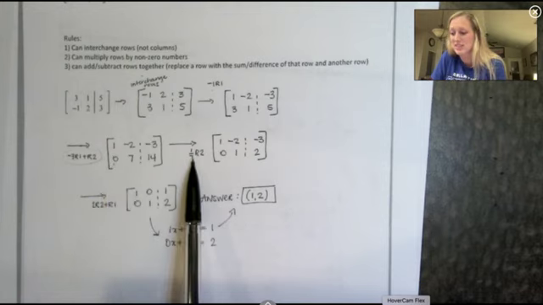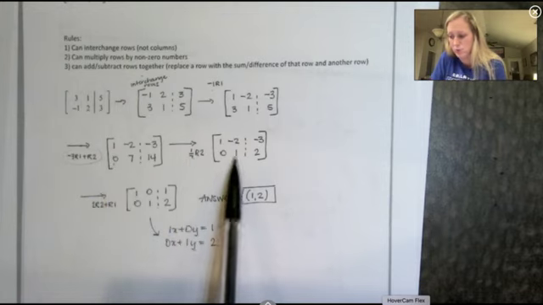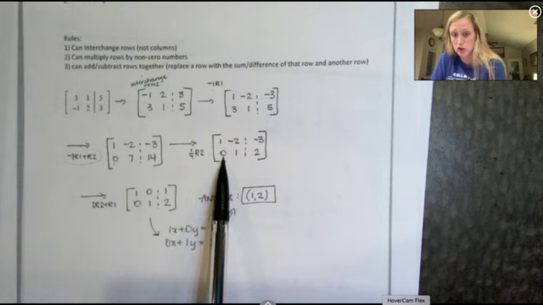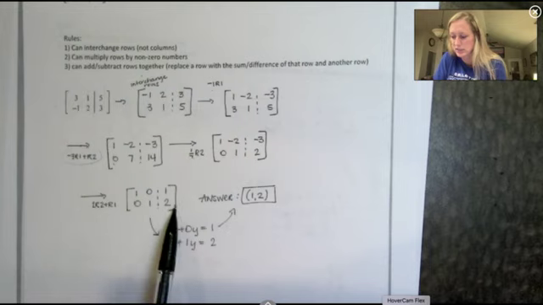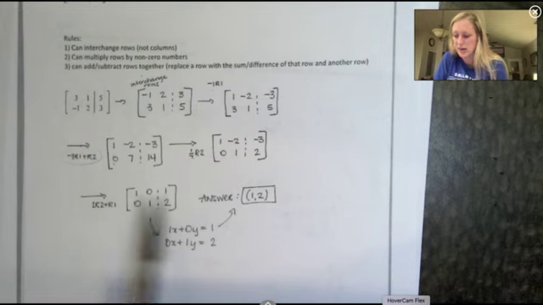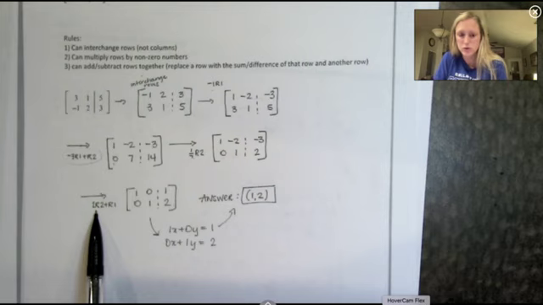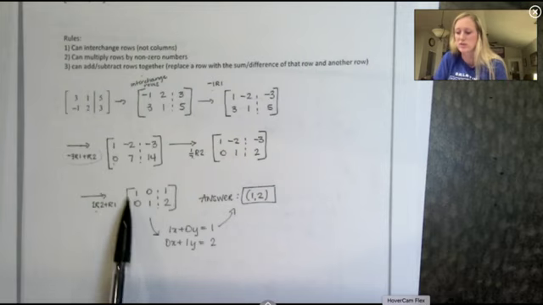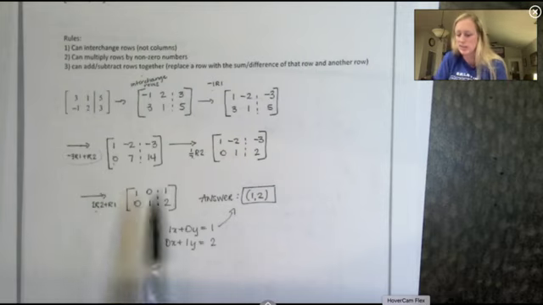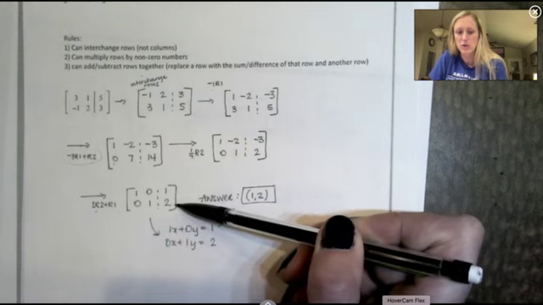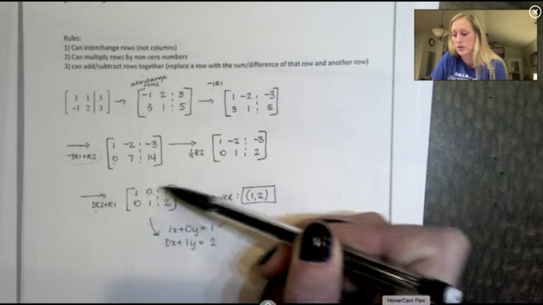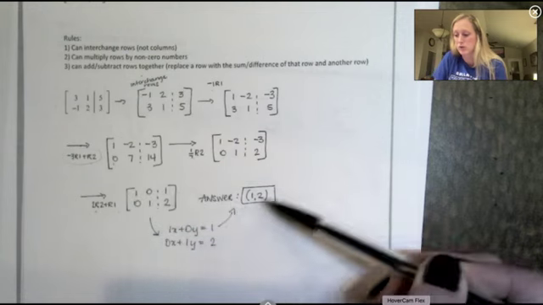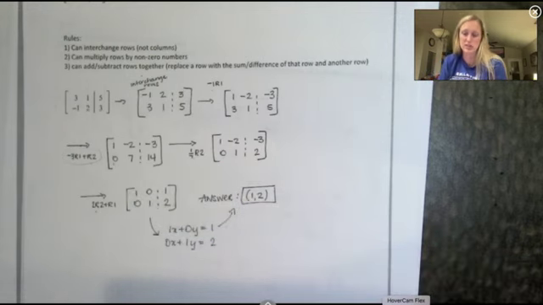Then taking 1/7 of row 2, that became a 1, so now I have 1, 1, 0, I'm super close. Then kept row 2 the same, and to get the top row did 2 times row 2 plus row 1 to replace row 1. So I got my identity matrix equaling 1 and 2. So that means my solution, x equals 1, y equals 2. So that is my solution to the system.